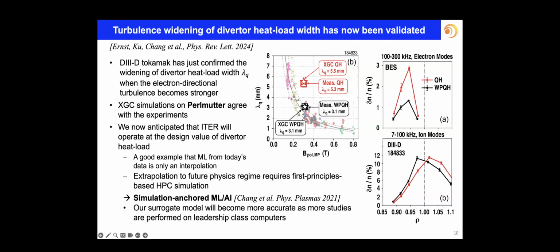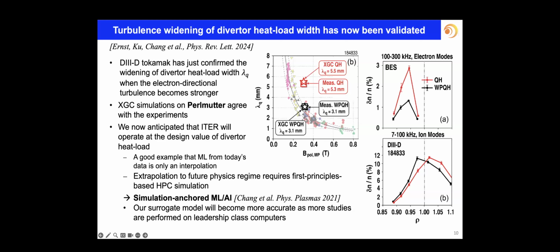And in the wide pedestal QH mode, that was black here, delta N over N, that's turbulence strength. And this is the radius, and this is the separatrix, plasma separatrix. They saw that when the plasma transits into the QH mode, another different mode, the lambda Q, that's the divertor heat load width, jumped and became about twice.